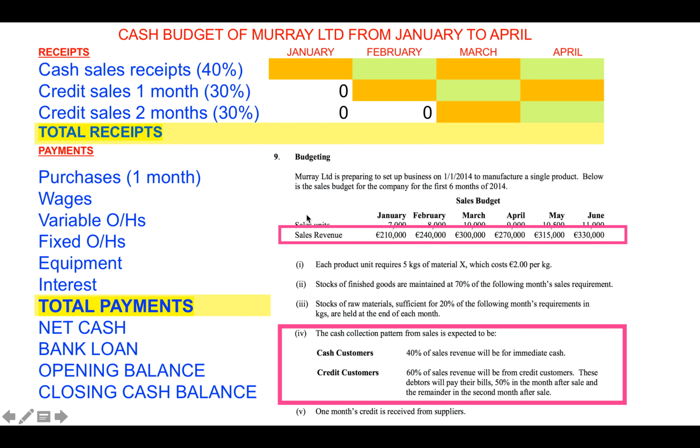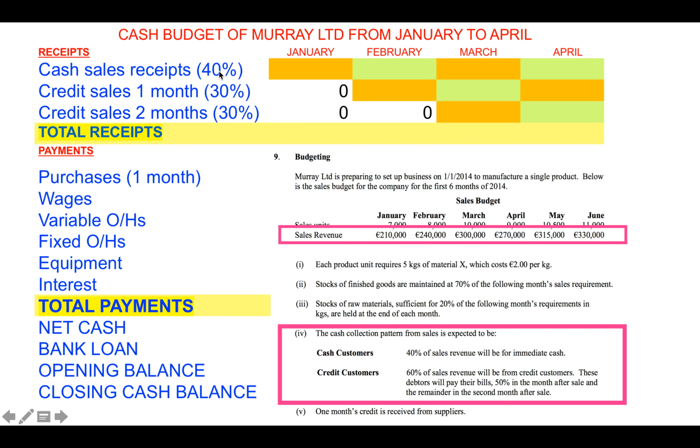So cash customers, 40% is going to be for immediate cash. 60% of sales revenue will be from credit customers. These debtors will pay their bills 50% in the month after sale and the remainder in the second month after sale. So the 60% credit sales is going to be split up half and half between 1 month after and 2 months after.